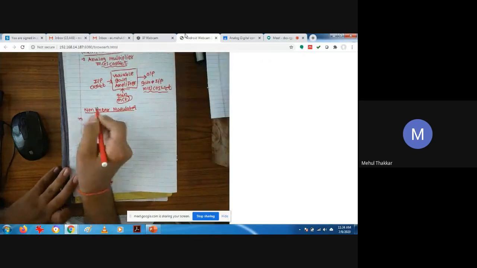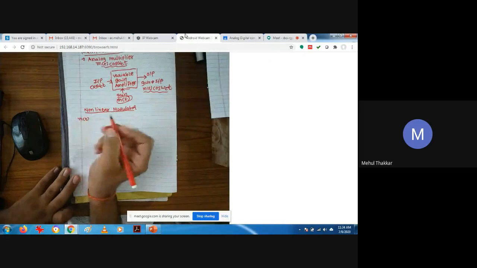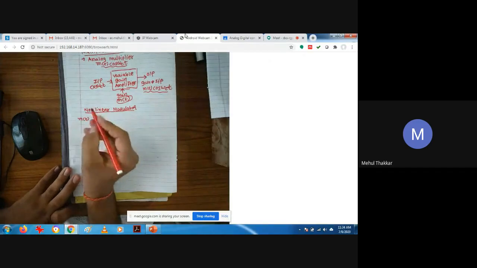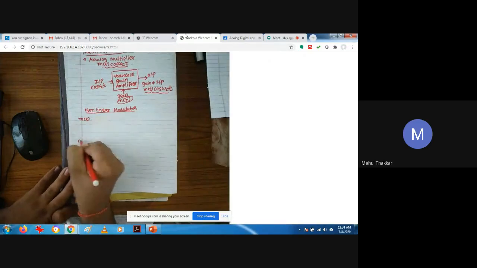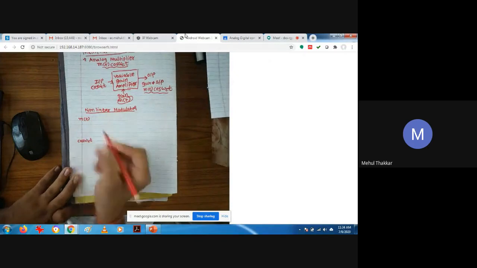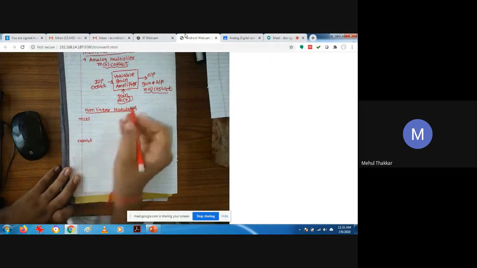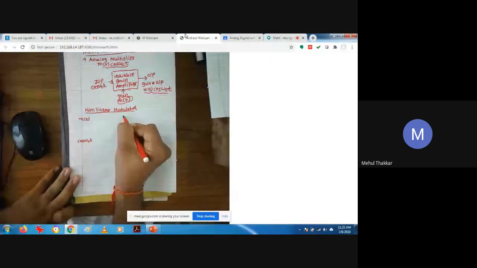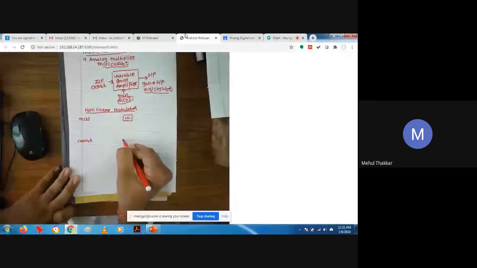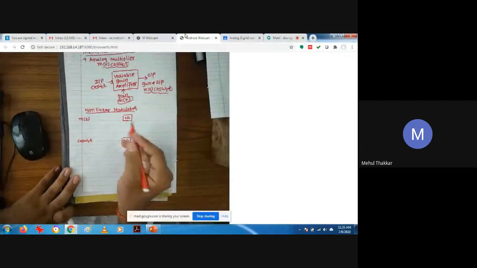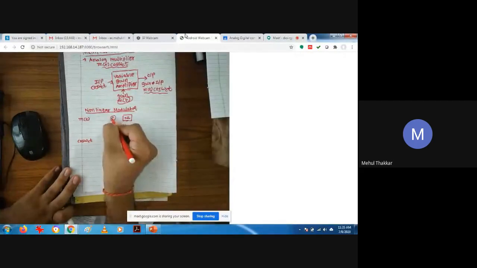In the non-linear modulator, we will use a non-linear device. Let me keep a block here for the non-linear device as NL. There will be one adder here, but this will behave as a subtractor.